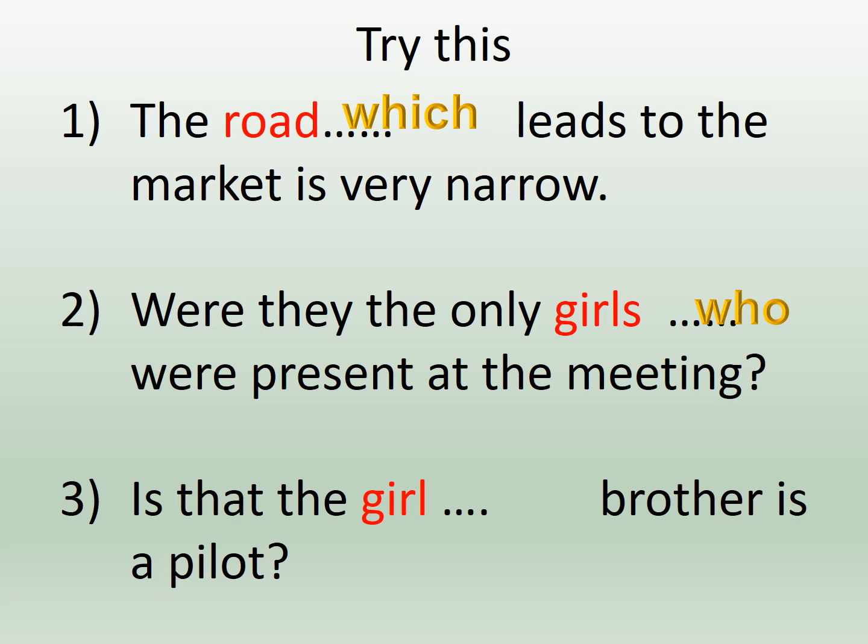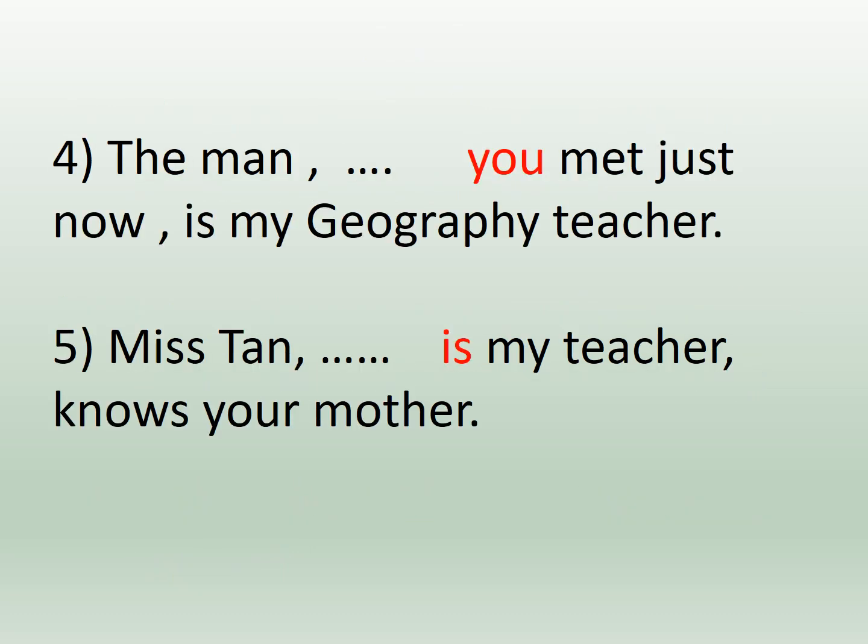Number 3, is that the girl brother is a pilot, so the brother that belongs to her, so whose brother? So is that the girl whose brother is a pilot? Okay, what about this one? The man you met just now is my geography teacher.